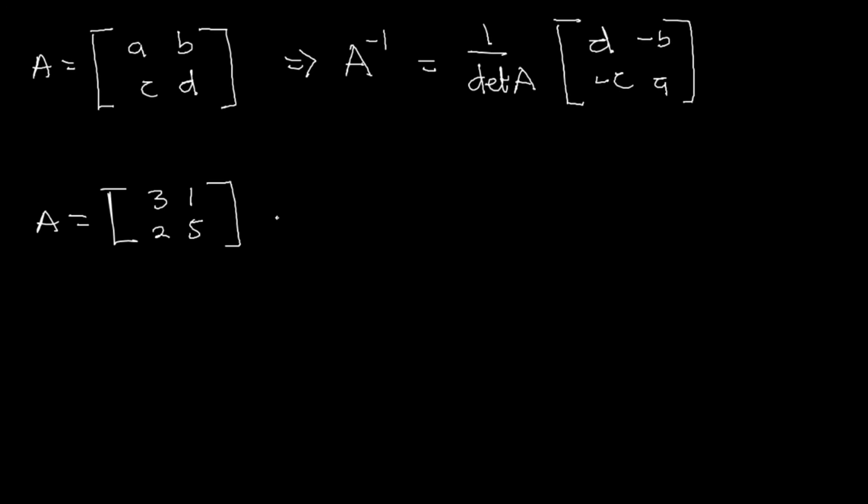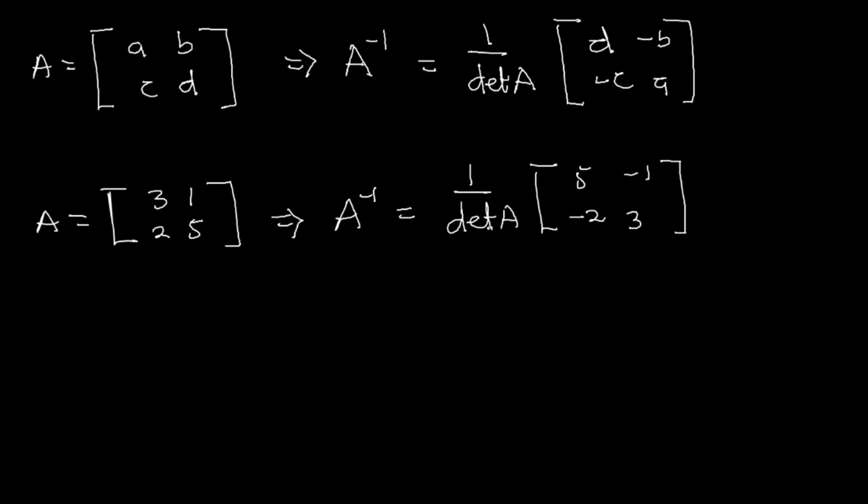So our A inverse is going to be 1 over det A multiplied by, if we interchange the leading diagonal, 5 and 3, then we negate the following diagonal, so it becomes -1, -2.